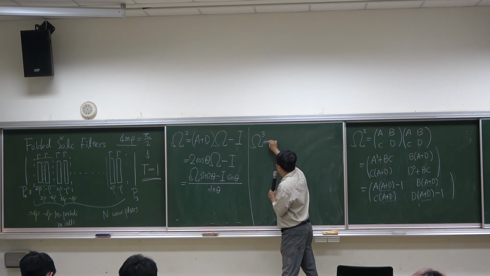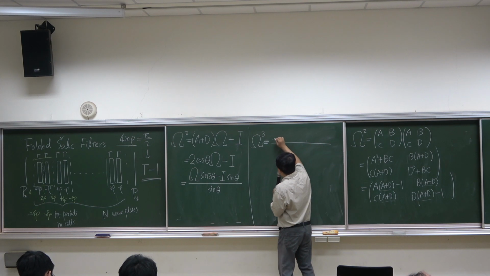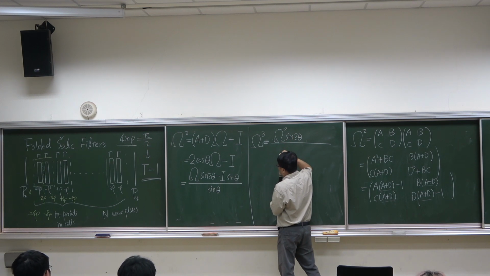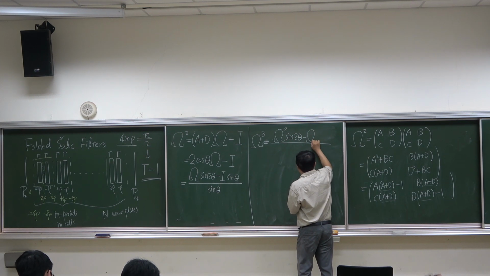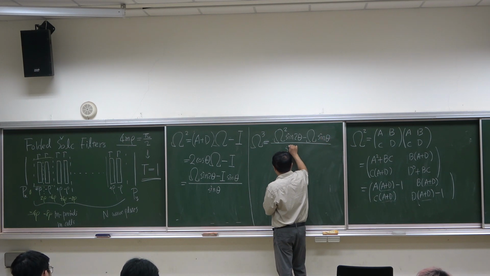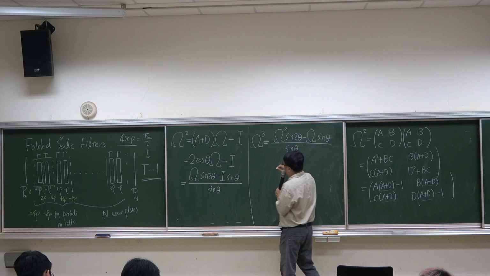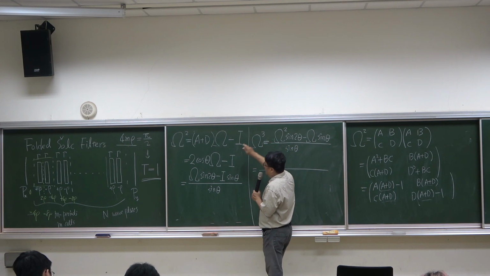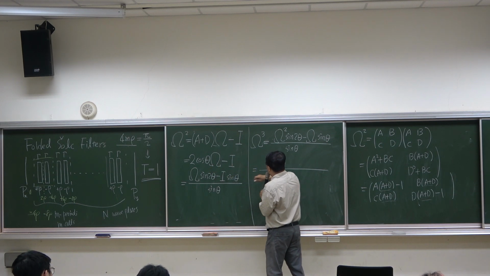So I multiply the result by omega squared: sine 2 theta minus omega sine theta over sine theta. And omega squared is equal to this quantity.